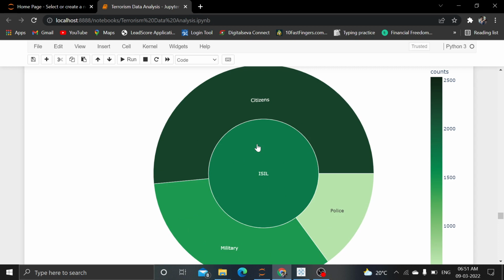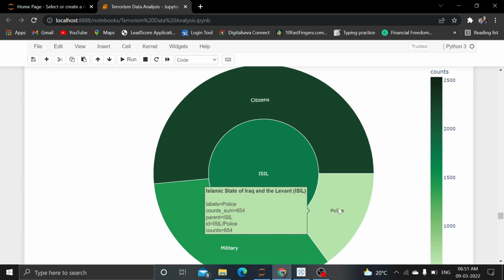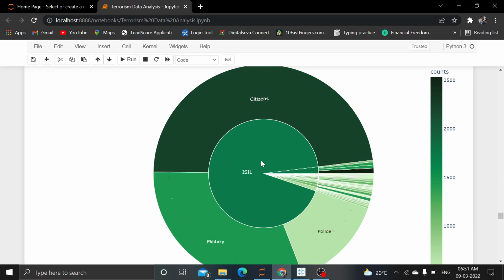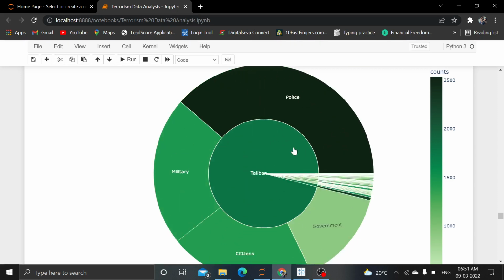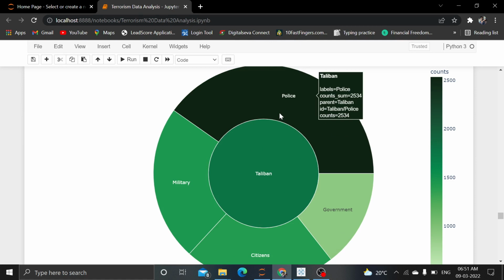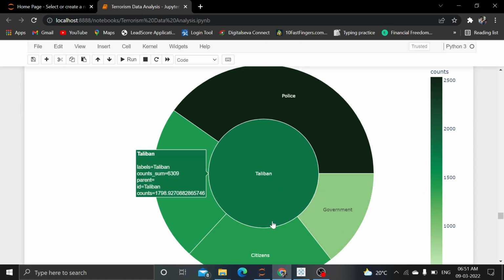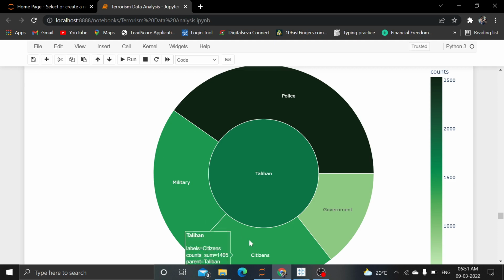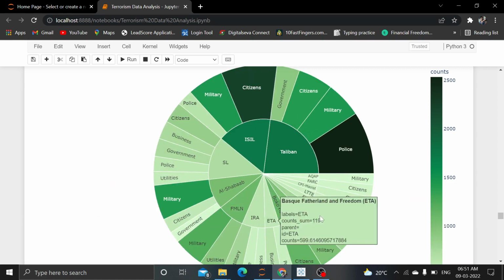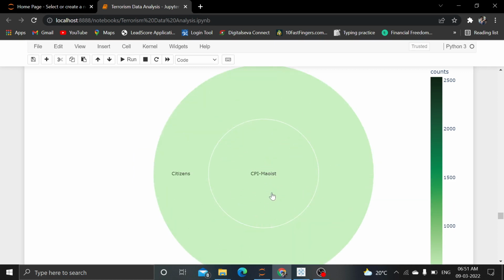For ISIL, we can see that they mostly attack citizens, afterwards military, and third place police. The Taliban mostly attack police, and also attack government, military, and citizens. The CPI Maoist mainly attack citizens, none of the others.